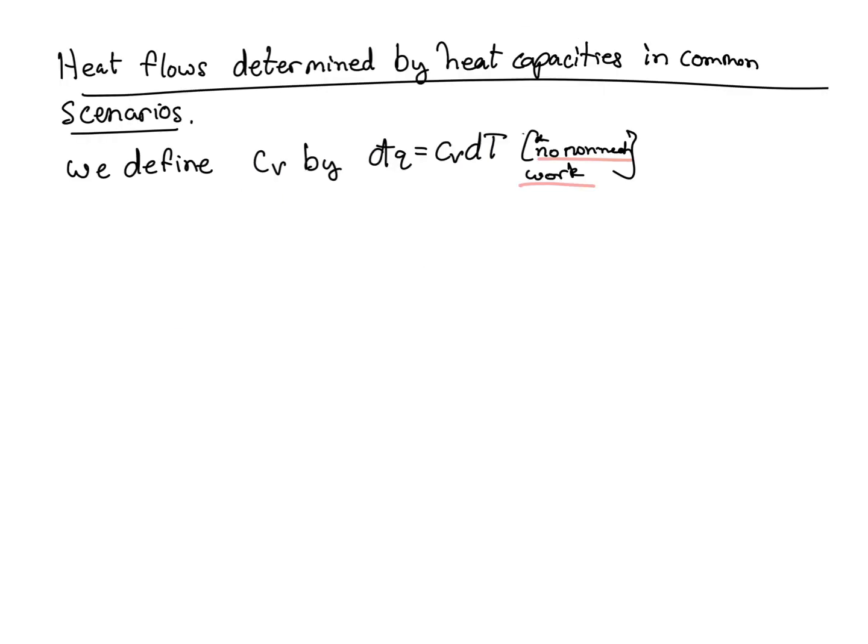Okay, so here is another definition of heat capacity. We'll show that it actually matches the definition we had before. The reason it's called heat capacity is that it's going to be the heat that flows under a specific situation.